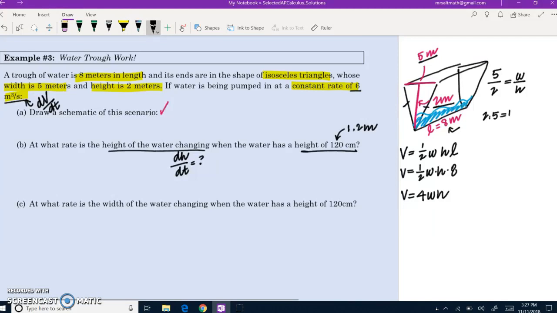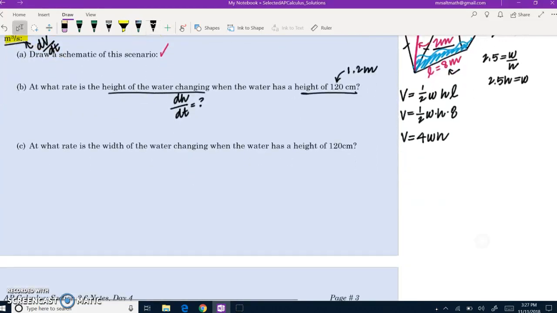So I can say 2.5 equals width over height. Then I can multiply both sides by h and say that width is equal to 2.5h. At that point, I have a relationship between height and width, so I can substitute down in here for the volume. I can say volume equals 4 times, I'm going to replace this guy with 2.5h times h.